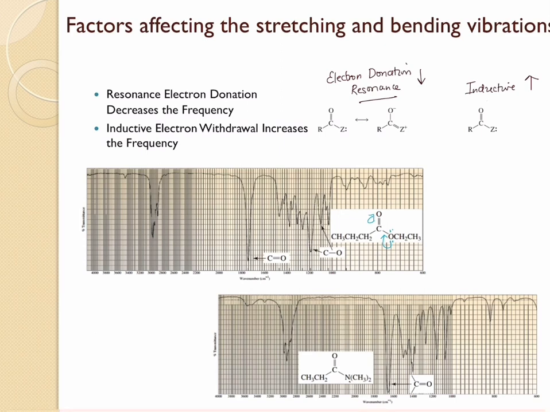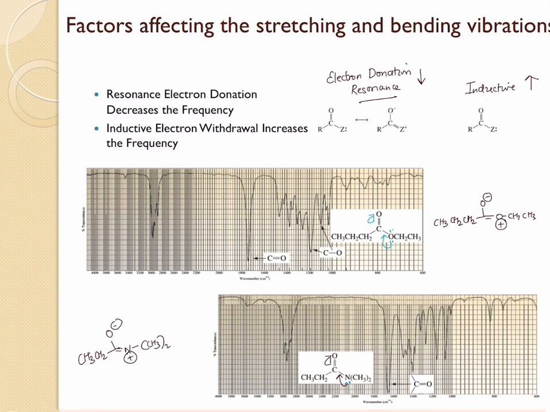Then it's going to result in this resonance contributor, which puts a positive charge on this oxygen. Let's also do the same thing for the amide. For the amide, again, you have these lone pairs of electrons present on nitrogen. These electrons are going to hop in here, and this is going to go. These electrons will be thrust onto oxygen to form the resonance contributor.